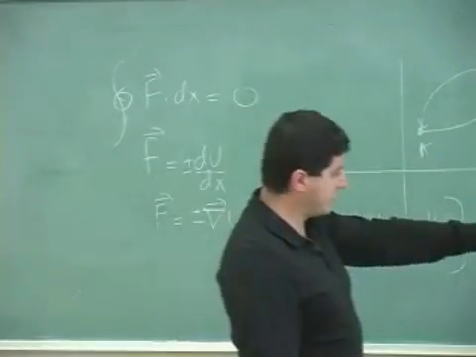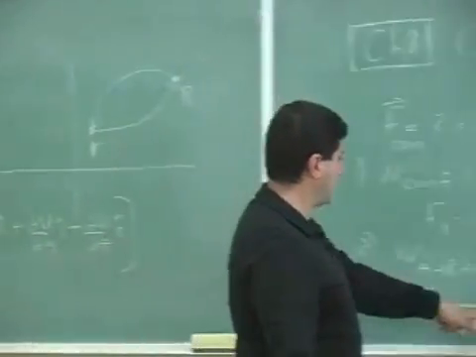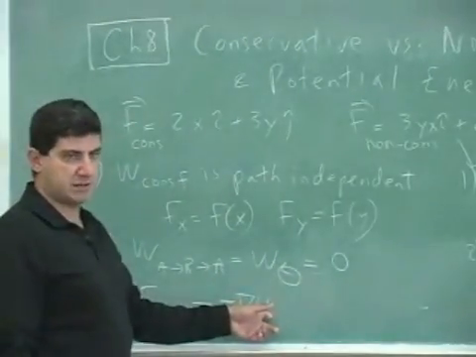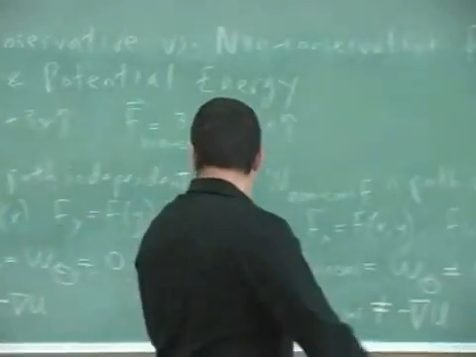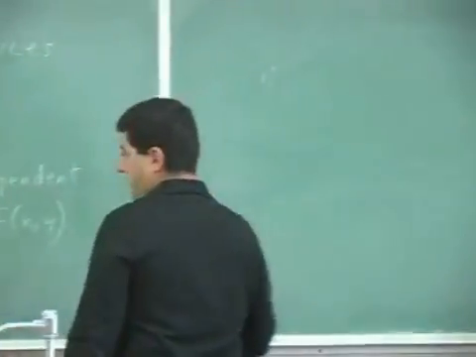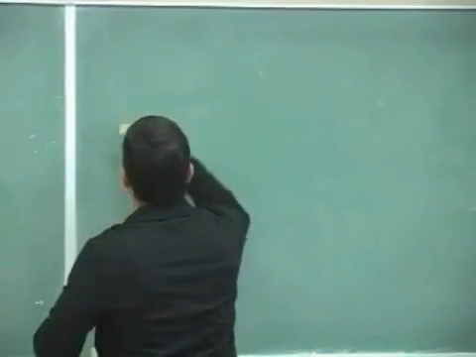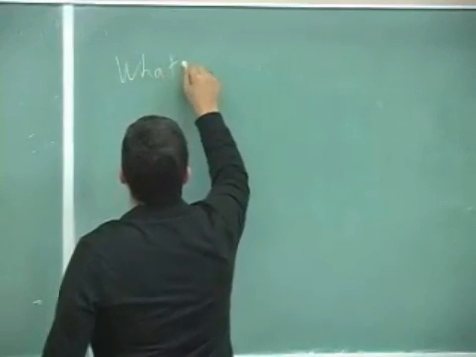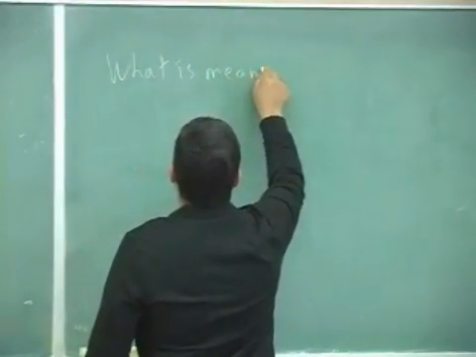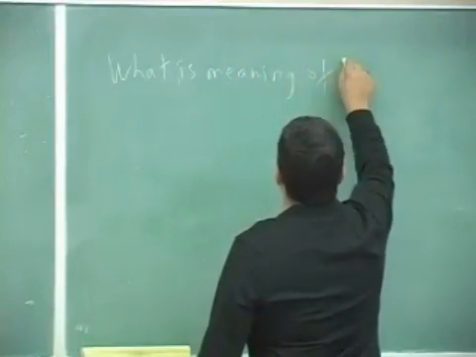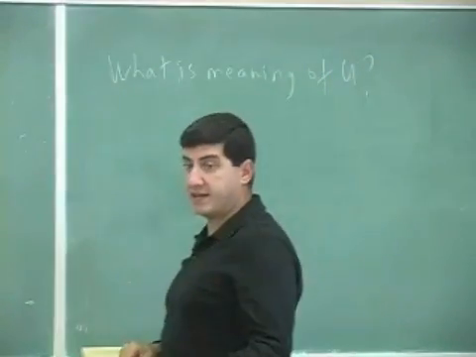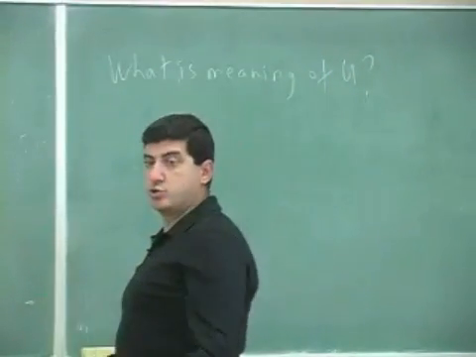But when you go to physics, we want to understand, does this u have any meaning? So let's come over here and see if it has any meaning. Let's first see what the meaning of u is. In order to understand that, let's first see what the units of u are.